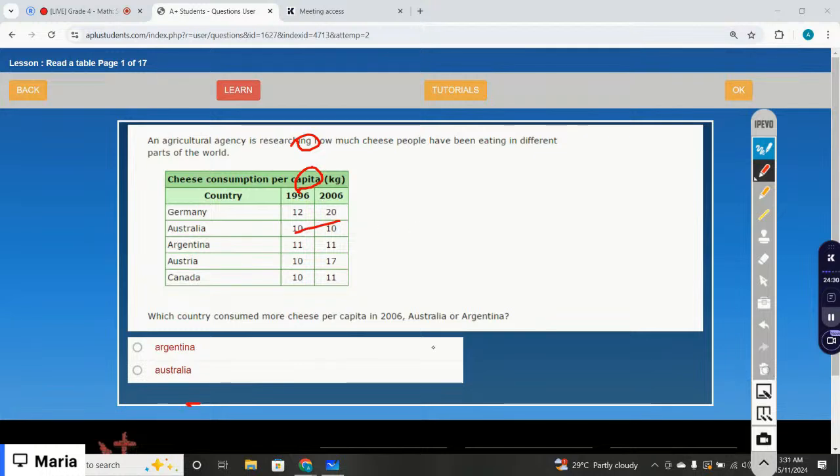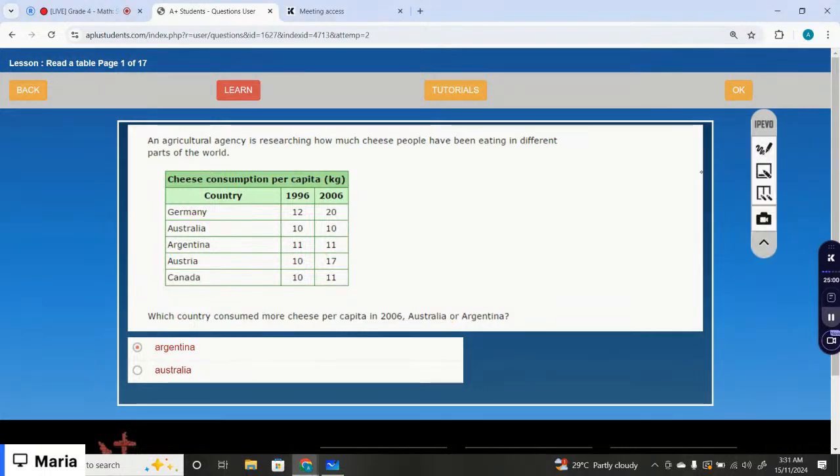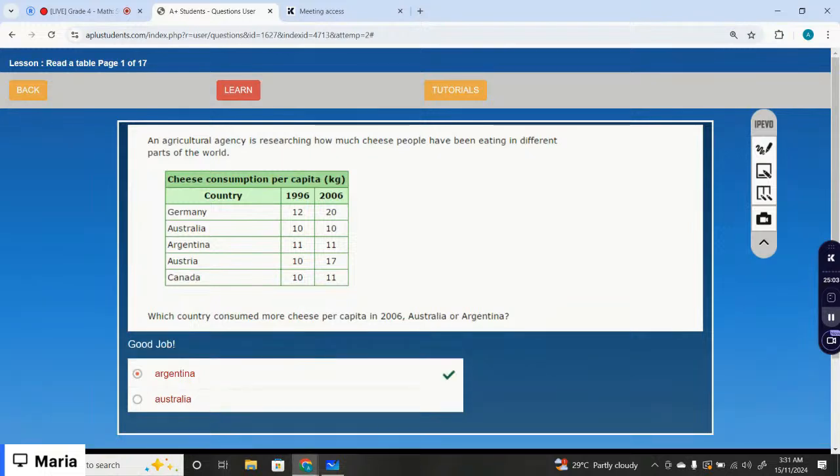In 2006, Argentina has 11 kg and Australia has 17 kg. Which country consumes more? Sorry, Australia has 10 kg and Argentina has 11 kg. So the correct option is Argentina, because Argentina consumes more than Australia. Option number one is the correct option. That is Argentina, right?